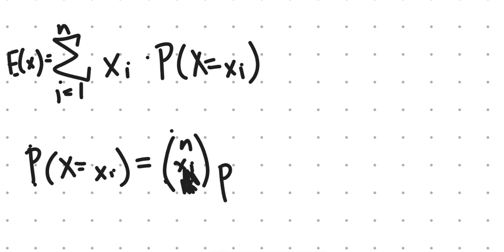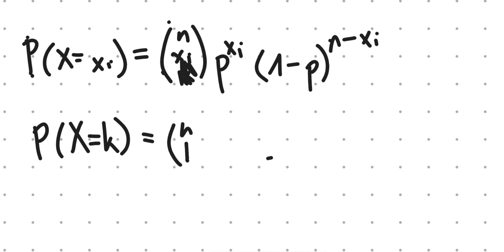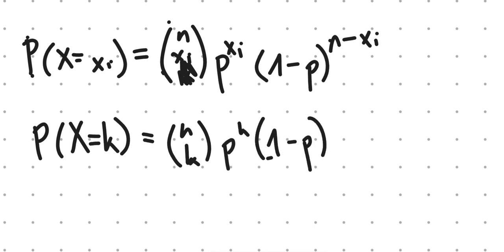I'm making a lot of mistakes. p to the xi times 1 minus p, the probability that it would not work, to the n minus xi. And since I come from Germany, we normally use k for the variable, so it will just be n choose k, I'm sorry, times p to the k times 1 minus p to the n minus k.